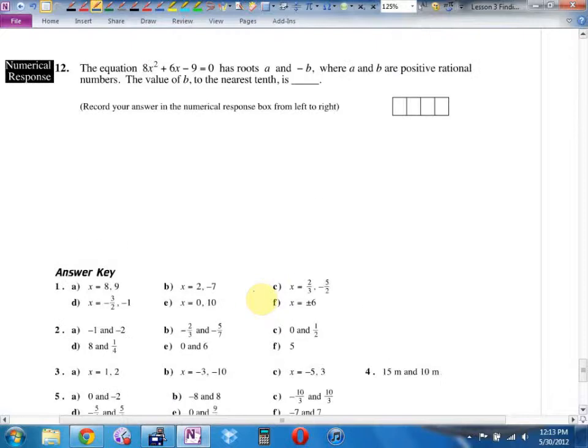Problem. Don't write this down, just watch. If I gave you this, no problem. Numbers that multiply to 3 and add to 4.